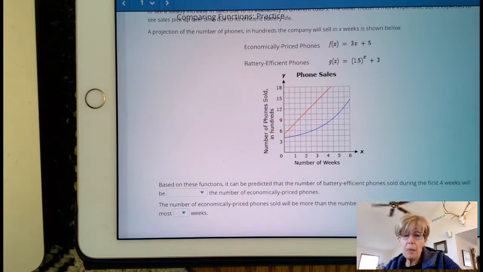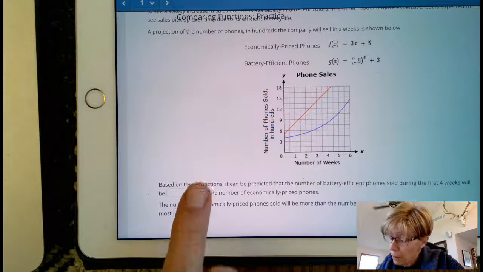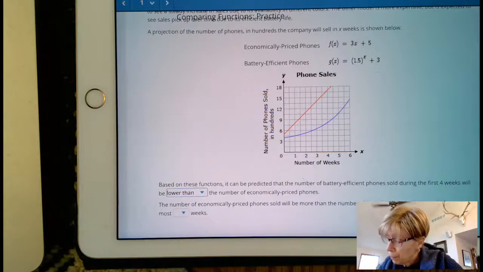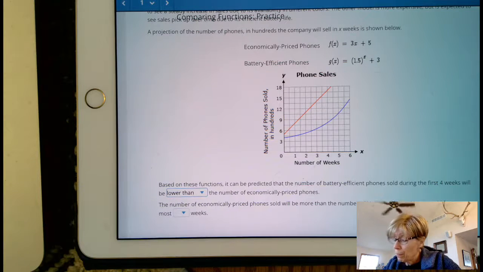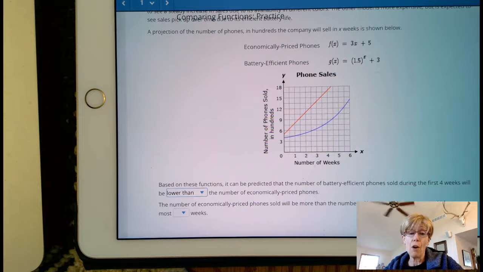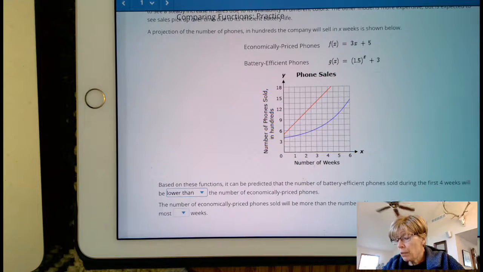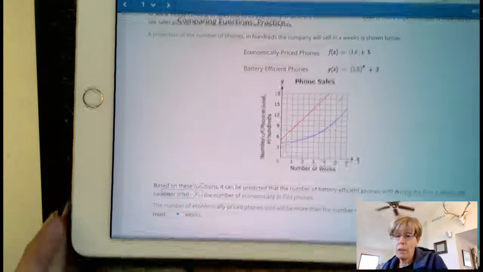So what we can see based on the picture is that the blue graph is underneath the red graph, which means that it can be predicted that the battery efficient phones numbers being sold will be lower than the economically priced phones.